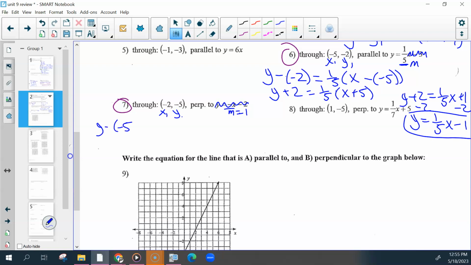Y minus negative 5 equals 1 times x minus negative 2. Make both of the minus negatives pluses. And after you do that, you could distribute on the right.